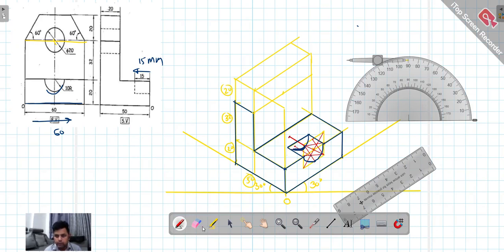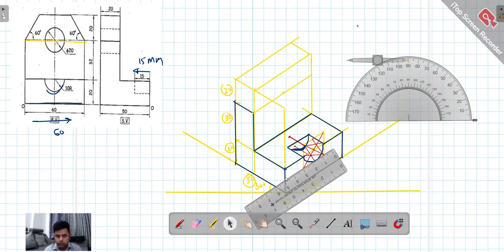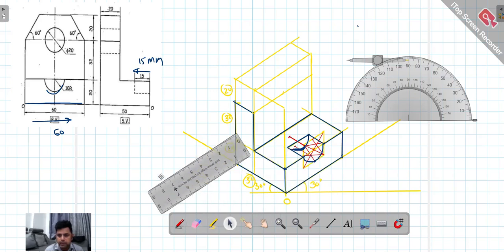Initially, what we'll do, we'll draw this geometry as it is, because we need to construct something here like this. So how this construction can be done? That we'll see with the help of this geometry. So how we can draw this geometry? See here carefully. I'm taking the scale.